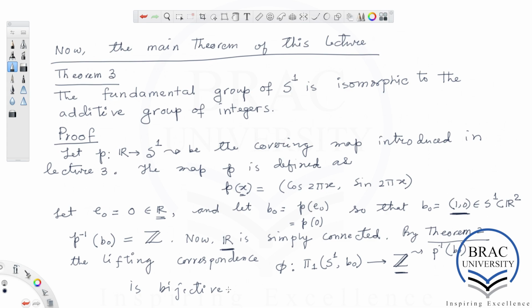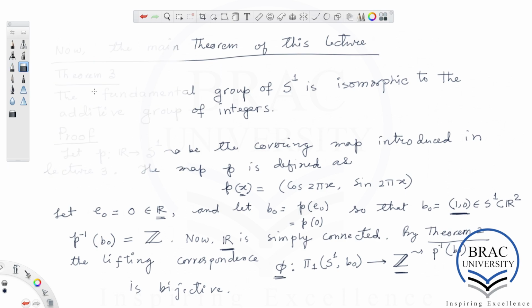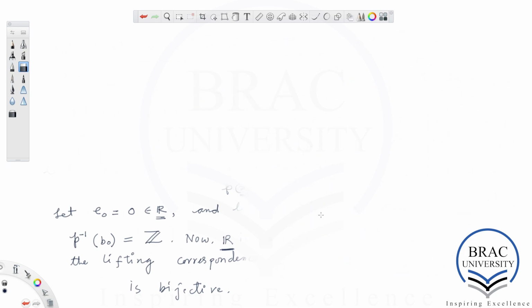We now have to show that this map phi is a homomorphism. We just have to show that it's a group homomorphism. Then we are done proving that it's an isomorphism of groups. So let me erase everything.